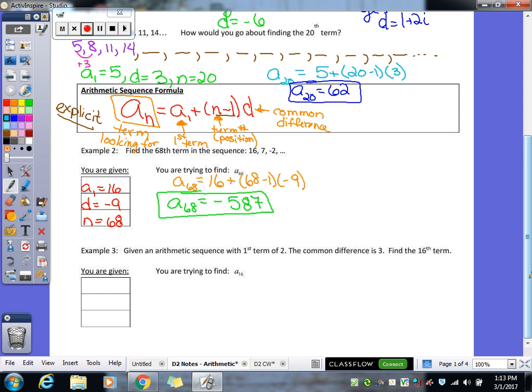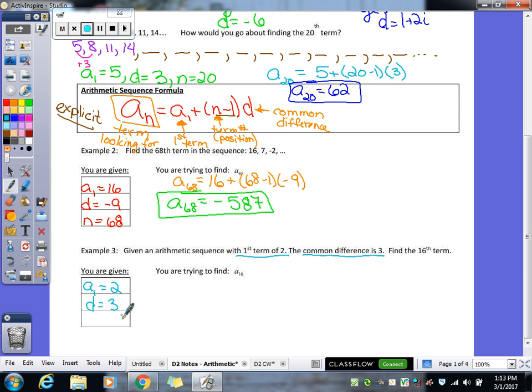So example 3, same thing, it's just they list it out for you. Our first term is 2, so a sub 1 is 2. They tell us our common difference is 3, so my d equals 3.